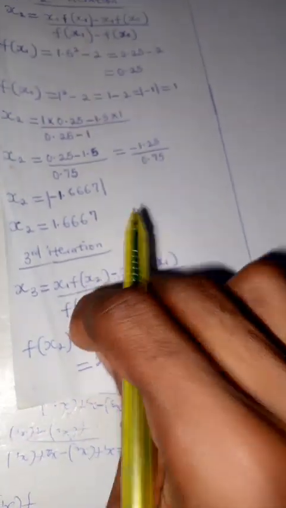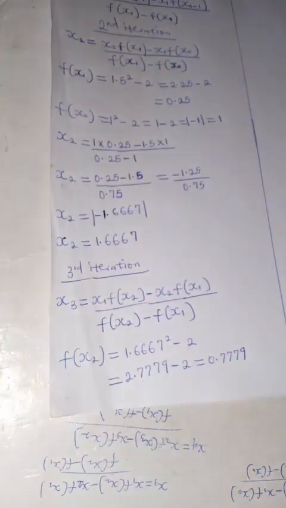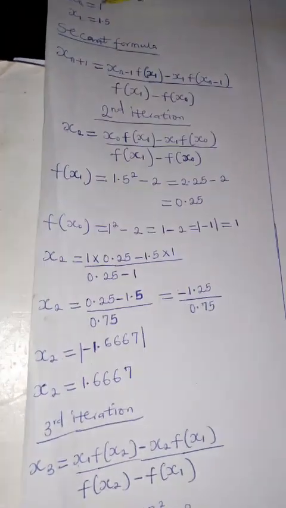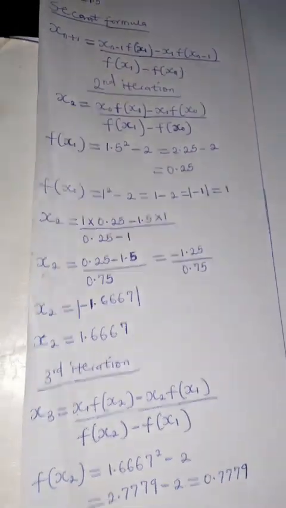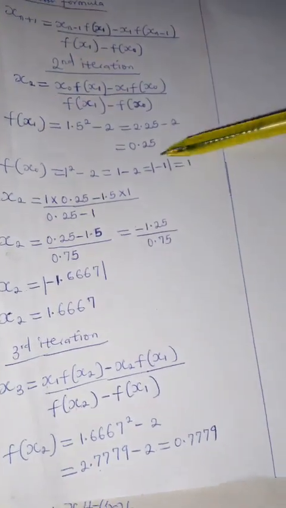Now let's substitute this into this. Since we have x1 already, remember our x1 is what? 1.5. f of x1 is 0.25.